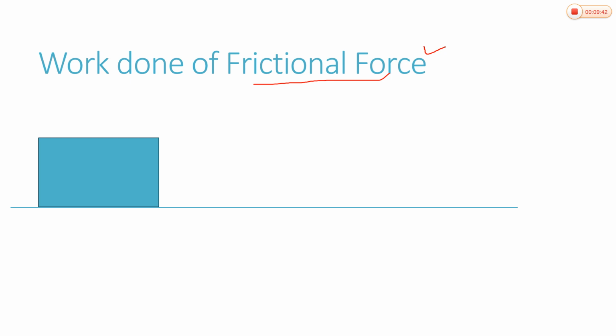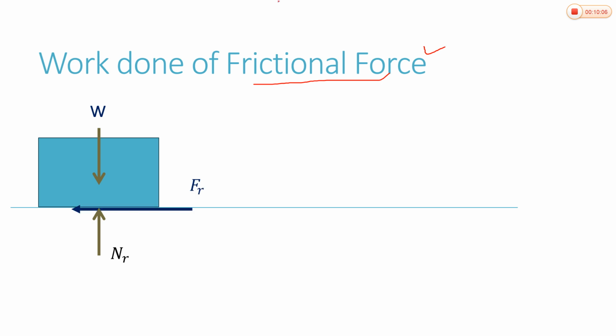So if I apply an external force to this object and I want to move this block, suppose the weight of this block is W. Yes, this is in contact with the surface. So according to Newton's third law, every action has an equal and opposite reaction. So the normal reaction acts in the upward direction, normal to the surface.